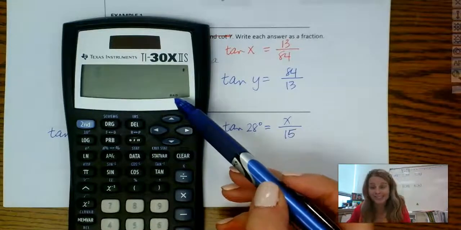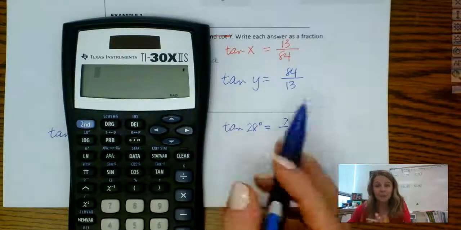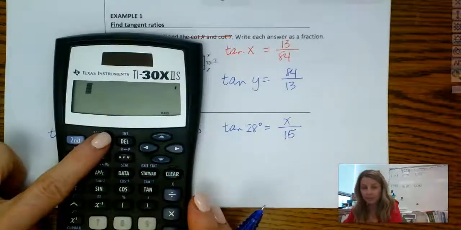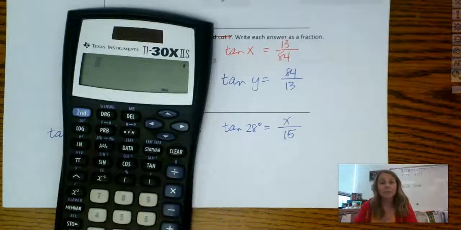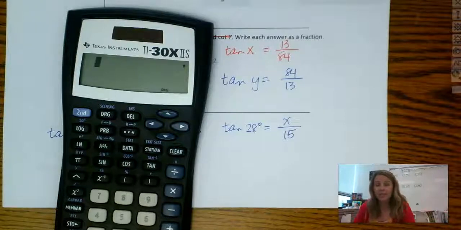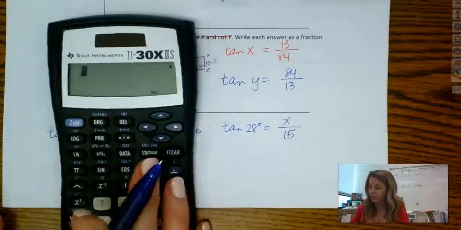That means radians. So we can't be in radians. That's a whole different subject. Most of these scientific calculators default to degrees. If you're using a graphing calculator, they almost all default to radians. So if you need help switching that setting, let me know. But you'll get the wrong answer if you're not in degrees.